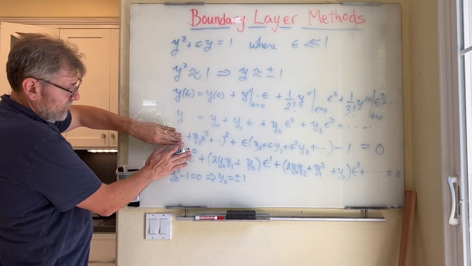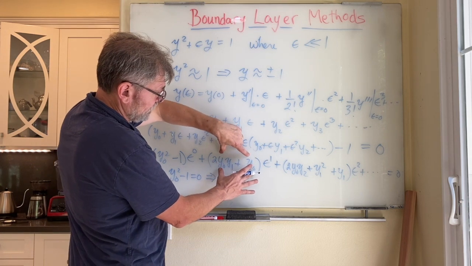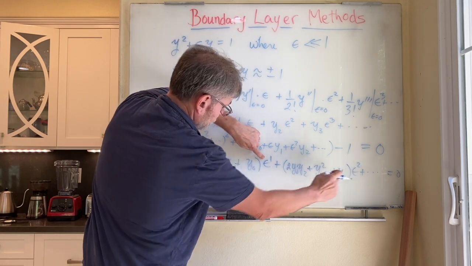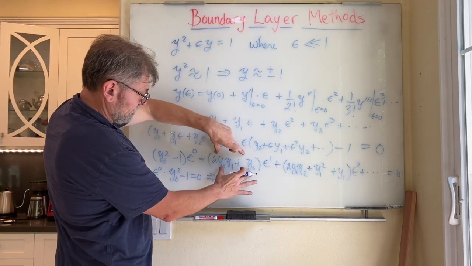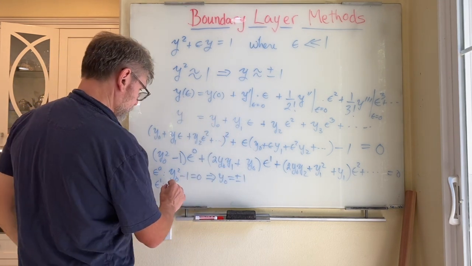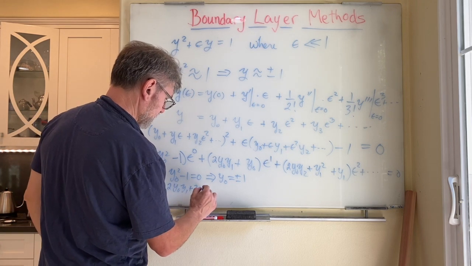Now, if this one vanished, then this one has to vanish because it's going to 0 faster than this one, right? This one is epsilon, this one's epsilon squared, and if this one has already vanished, then this one must vanish on its own. So from the epsilon 1 term, I get 2 y naught y1 plus y naught equals 0.